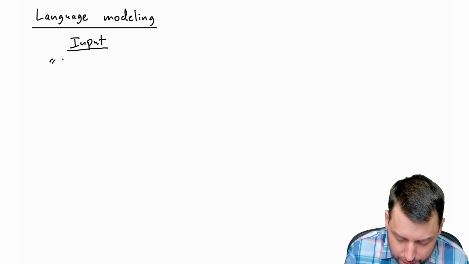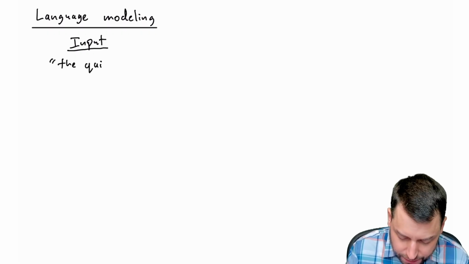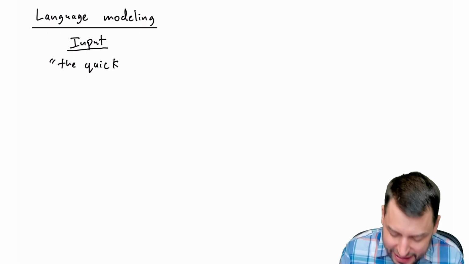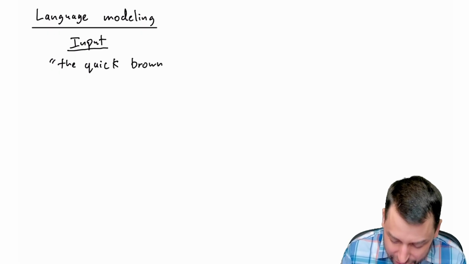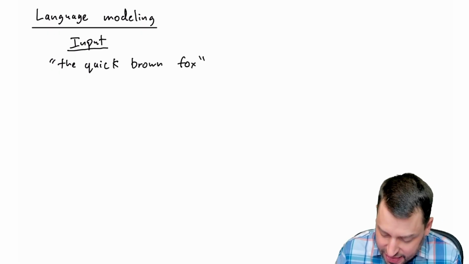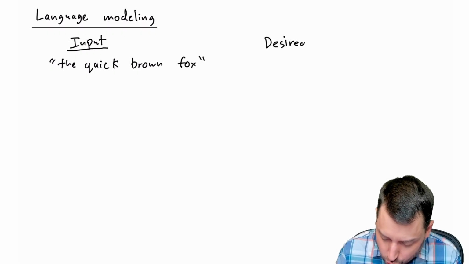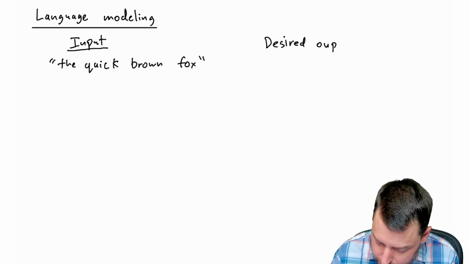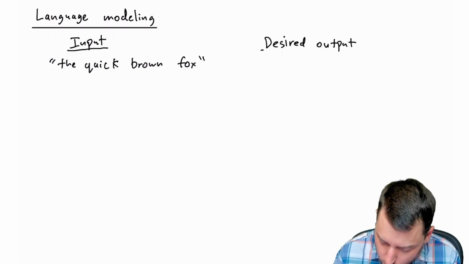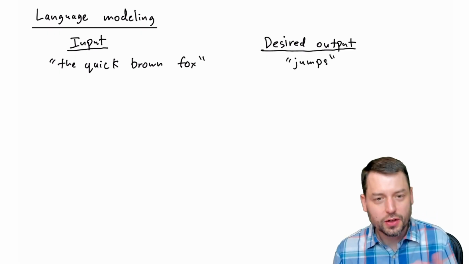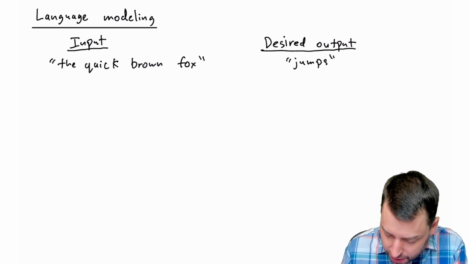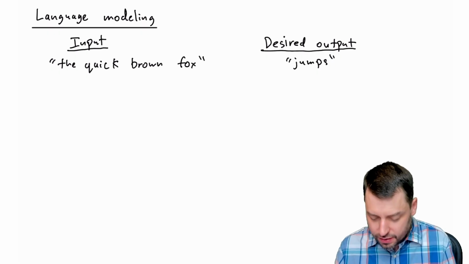For example, the quick brown dog, the quick brown fox, messing up the order of that sentence, the quick brown fox. And the desired output would be the word jumps. Again, this is a common sentence: the quick brown fox jumps over the lazy dog. And these are the input-output pairs we have.